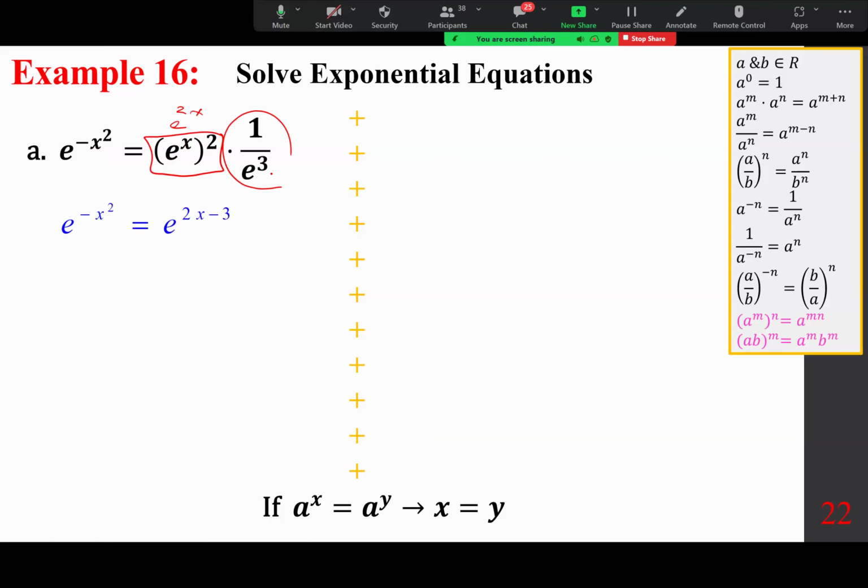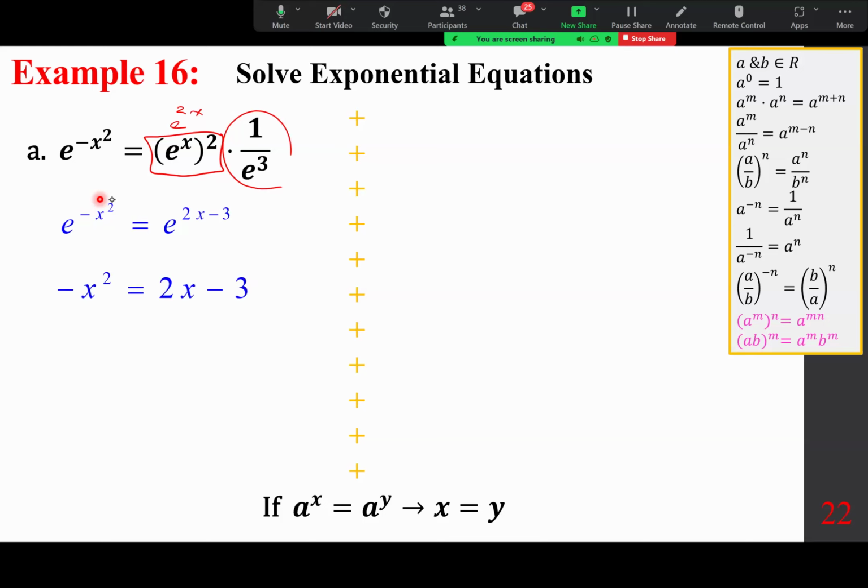So the left side we don't touch. The right side, first we do the power rule to combine into 2x here, and then we use the quotient rule to say e to the power of 2x minus 3. Because they have the same base, they must have the same exponent. They are identical. Minus x squared equals 2x minus 3.